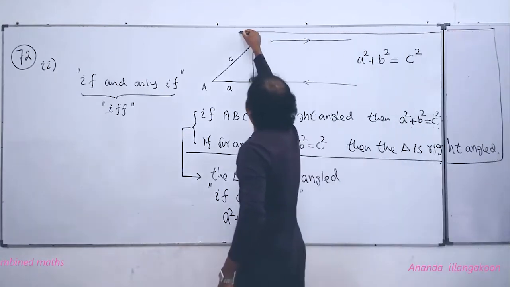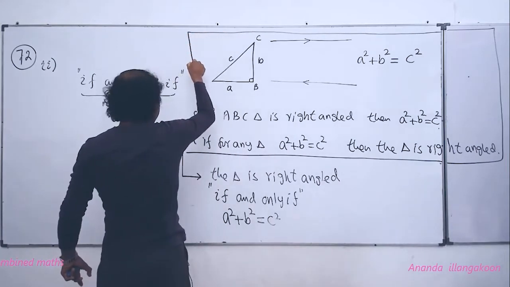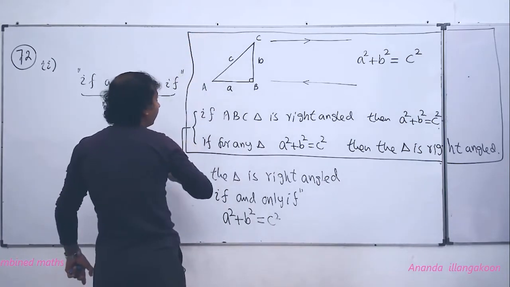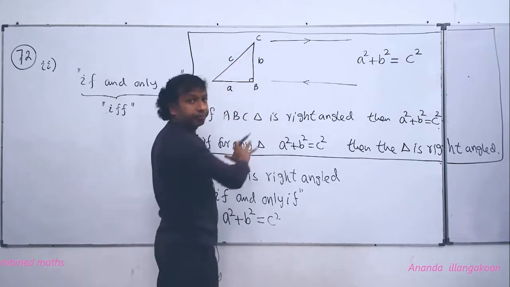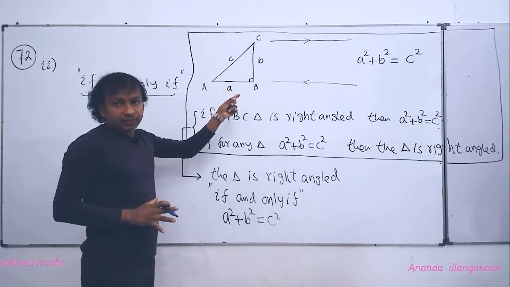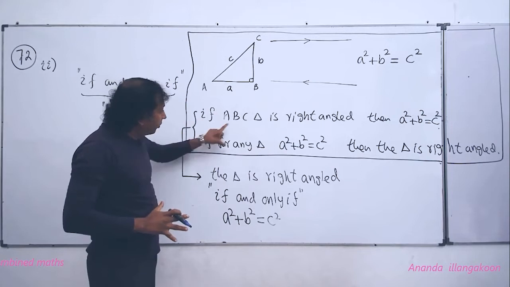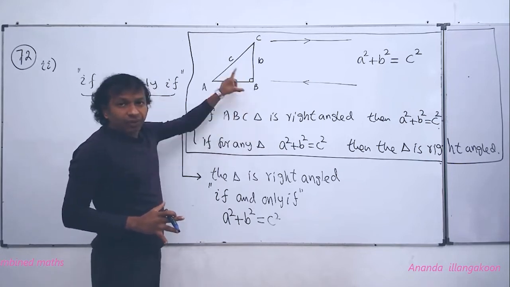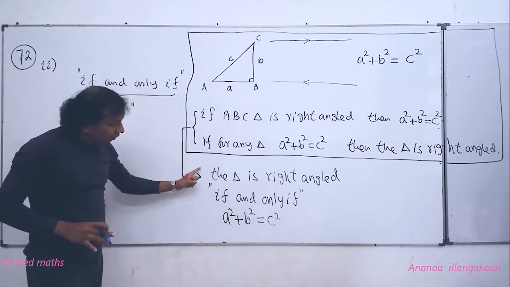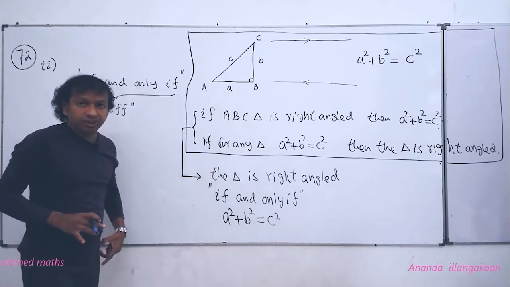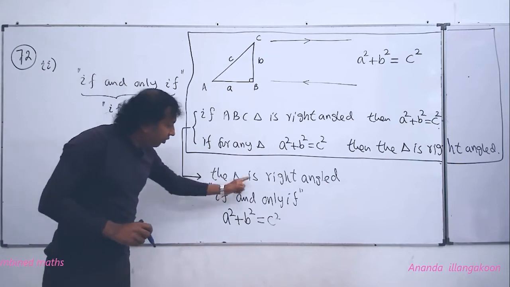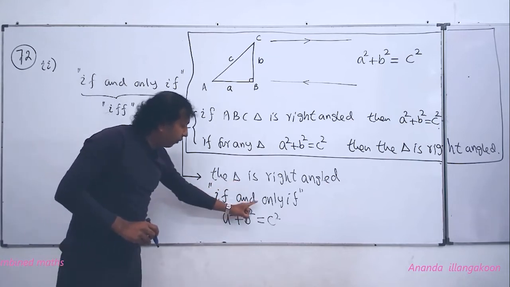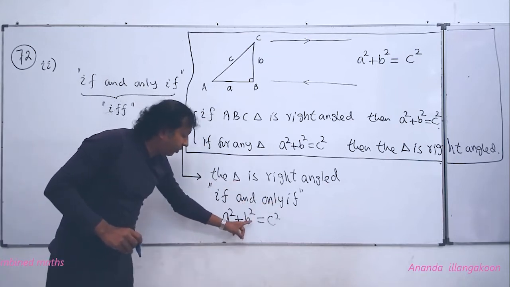This is figure wise, and this is statement wise. The same thing we have here. This whole thing we can abbreviate this way to a single statement: the triangle is right angle if and only if a squared plus b squared equals c squared.